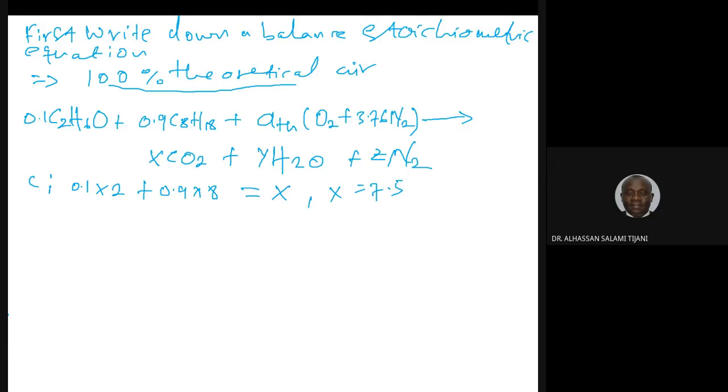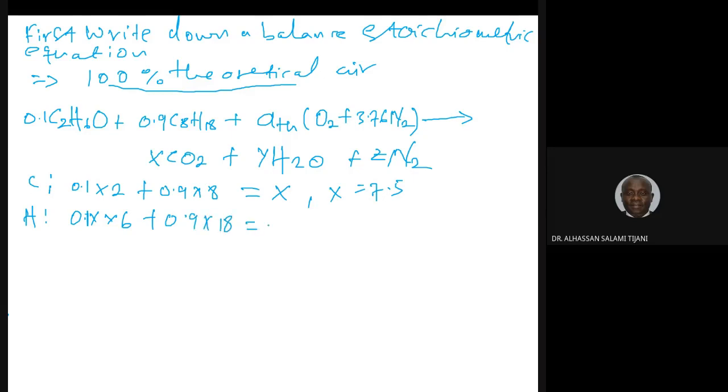Now we have to balance the hydrogen also. In the same way, for hydrogen we have 0.1 times 6 plus 0.9 times 18.